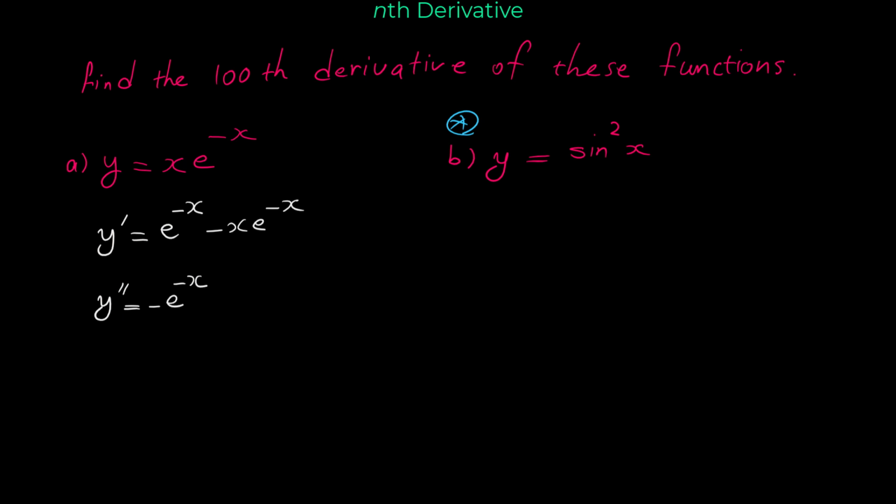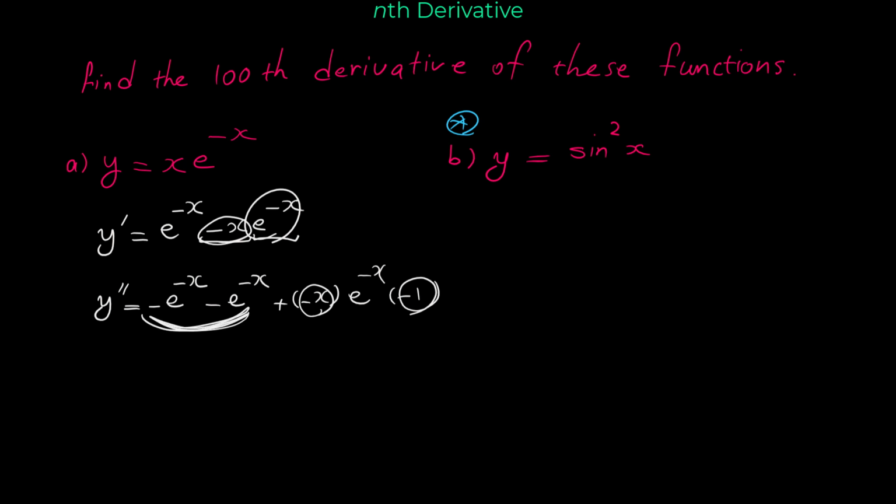Now we want to find derivative of this. Again, we use the product rule. Derivative of negative x is negative 1 times e to the negative x, plus write the first function multiplied by derivative of this, which is again e to the negative x times negative 1. This negative times this negative is positive, and if you add these two together, negative e to the negative x minus e to the negative x is minus 2e to the negative x.